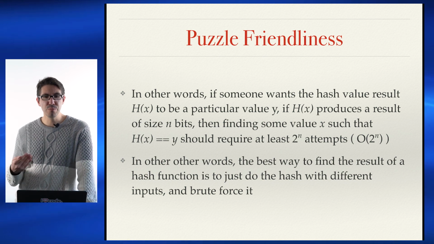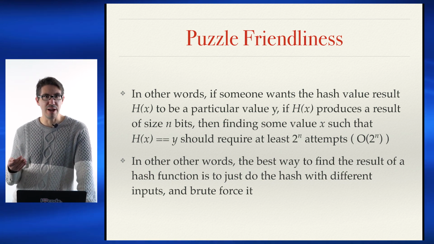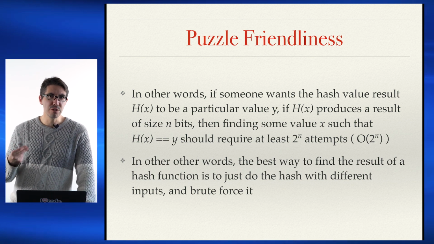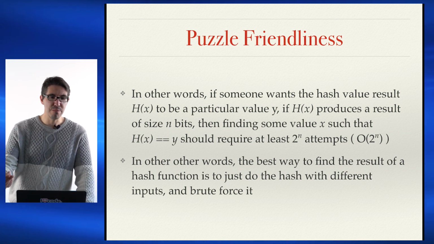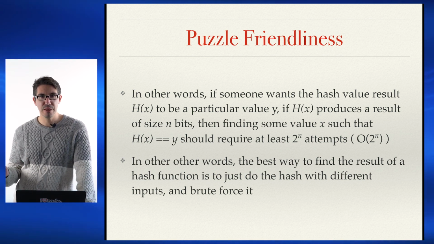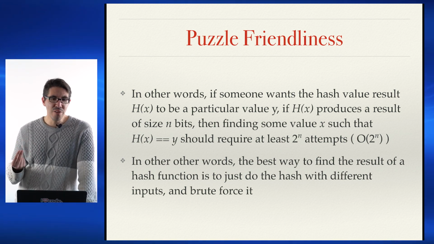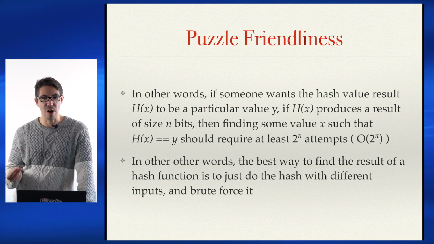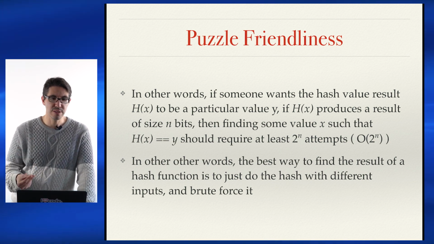If someone wants to produce some particular hash value, if h of x produces a result of size n bits, then they're going to require at least 2 to the n attempts. In other words, the best way to find the result of a hash function is simply to try it. There are no shortcuts.